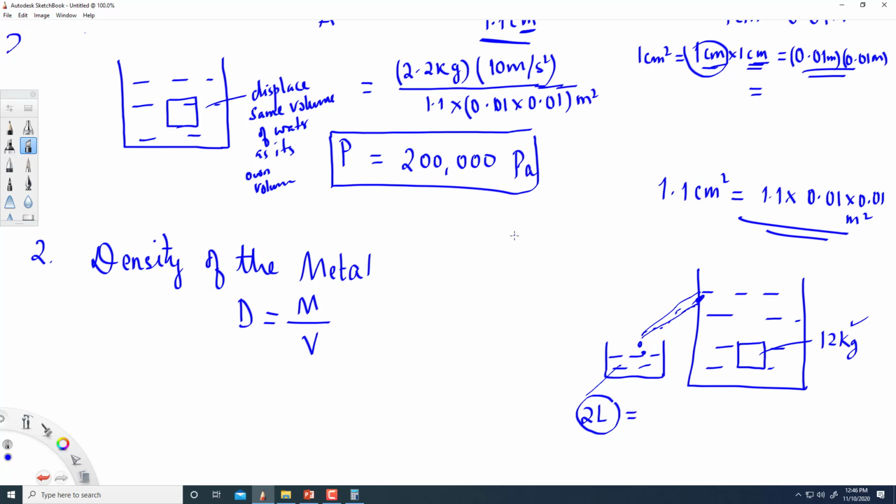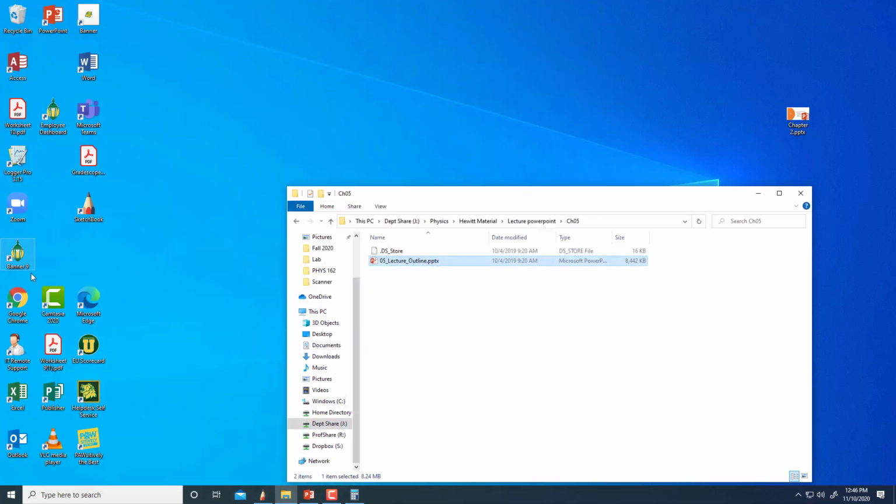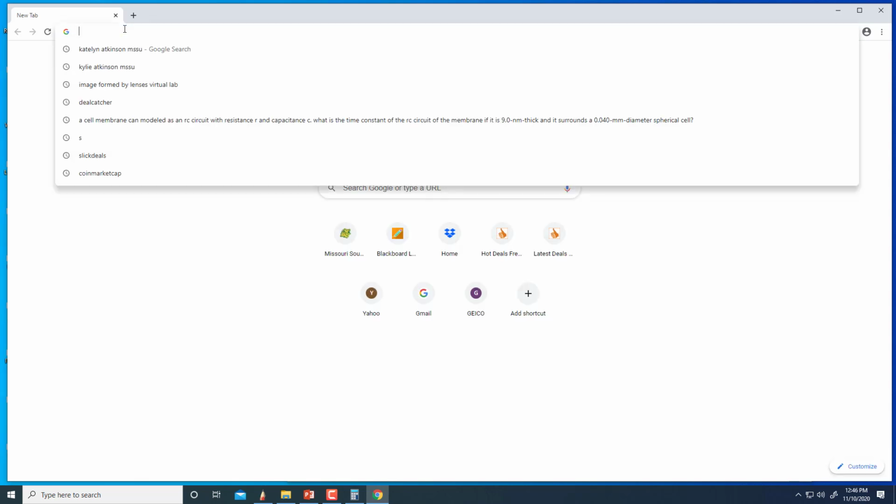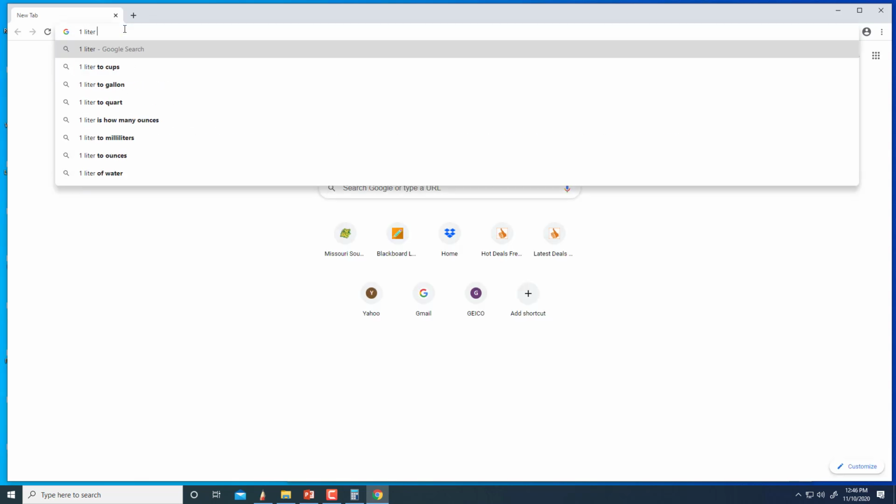So 1 liter is, let's see the conversion. We want to express this in meters cubed, that's the standard unit, so we want to see the conversion factor. I just want to make sure that's right. So 1 liter to 1 cubic meter.